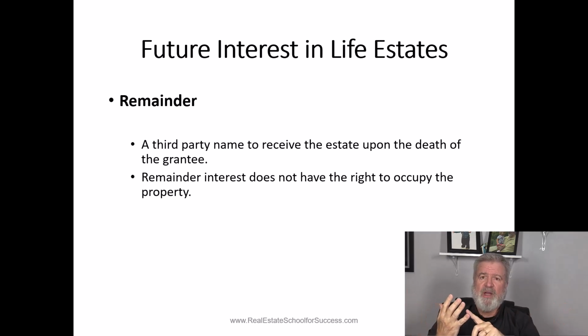Because at the moment the person died, remainder interest disappears, but it's replaced with fee simple ownership. Okay? So obviously if the question's stating that someone has remainder interest, then that means the life tenant's still alive. Because if the life tenant has died, then there is no more remainder interest. So just be careful of that.